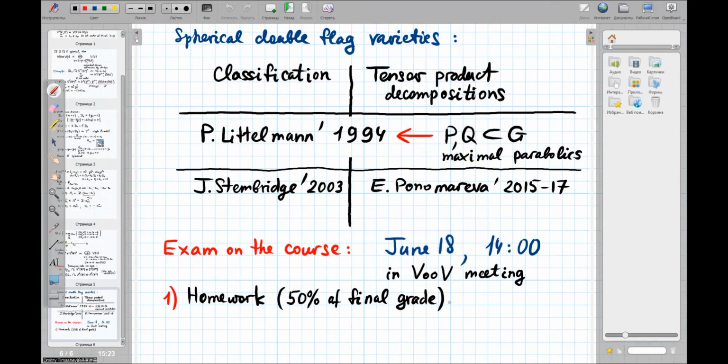You may solve these exercises and send me your solutions by email at any time before the exam. The exam will be on 18th of June. And let me put the deadline for sending me your homework at June 15th, for instance.